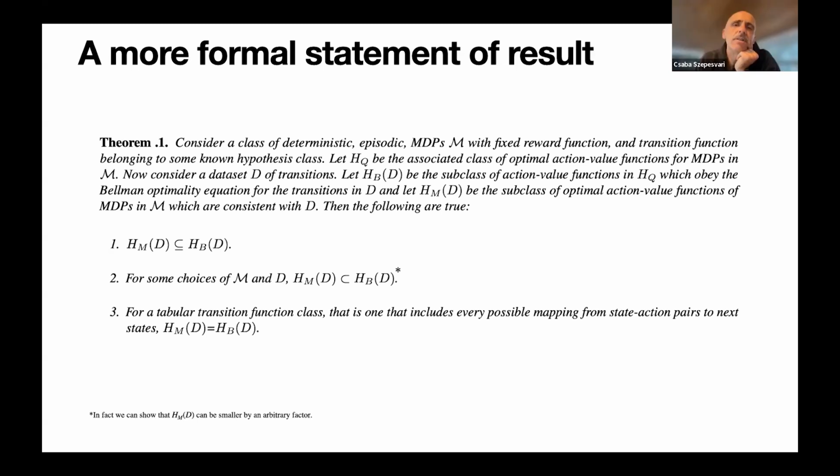Yeah, but when you're thinking about the Bellman consistency, that's a minimum set of constraints, but you could go beyond that because you're already using the Bellman consistency with the model-based approach as well. So you could say, let's just consider linear functions or some other restriction on the Q functions.